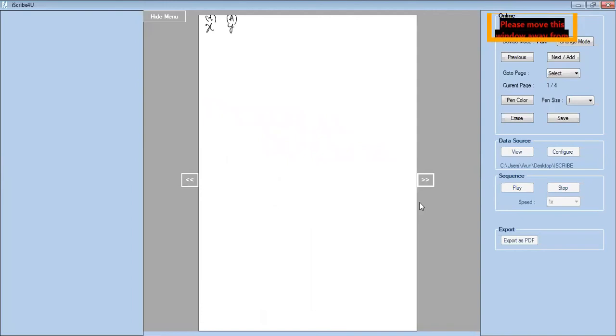Then I want theta, and the formula for theta is 2 pi x divided by capital T. Then I want y cos theta, y cos 2 theta, y sin theta, y sin 2 theta. So this is the table I want. So let us enter the data and we calculate.